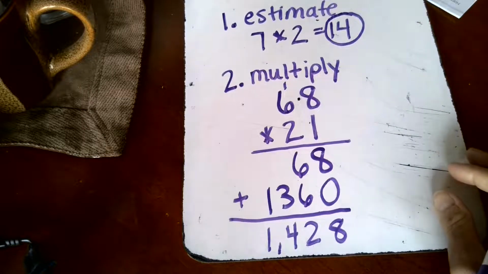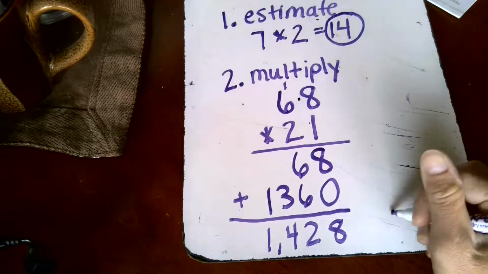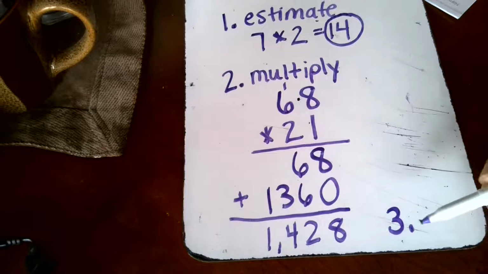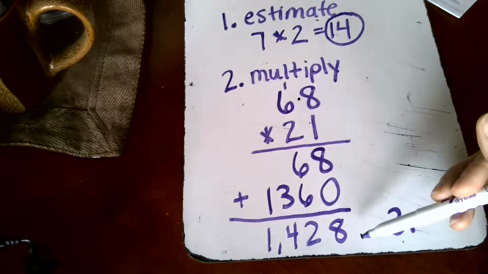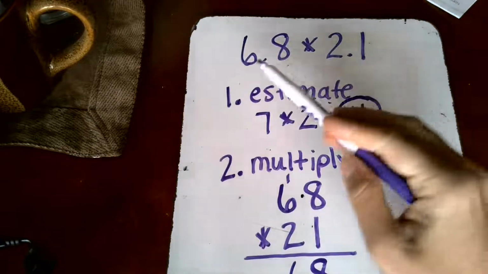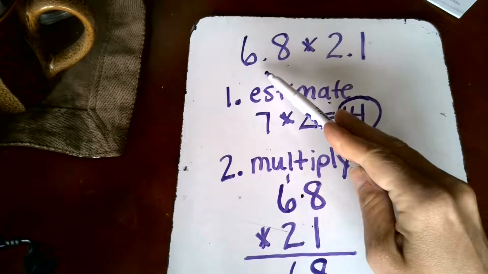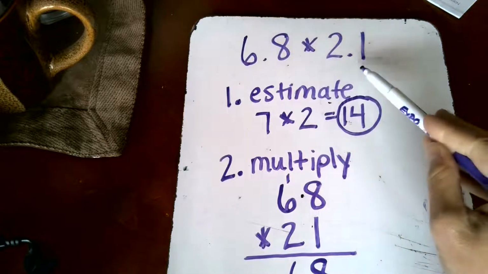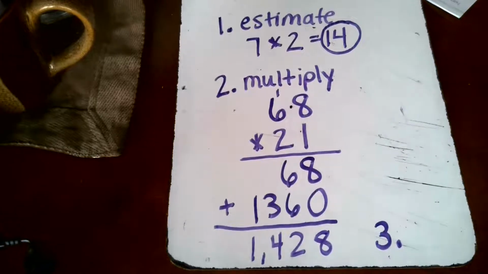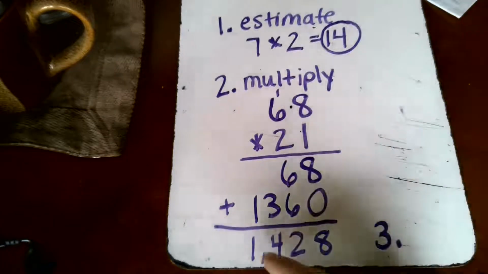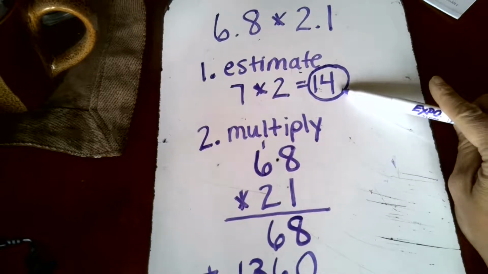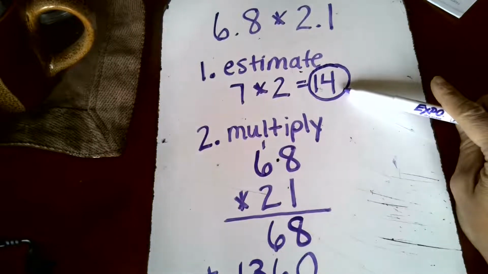So now I go back. Step number 3 is where I have to put the decimal point in my answer. I know, if you go way back up to the top, that 6 and 8/10 times 2 and 1/10 cannot be 1,428. That's way too big. So now I go to my estimate. My estimate says that the answer is going to be close to 14.